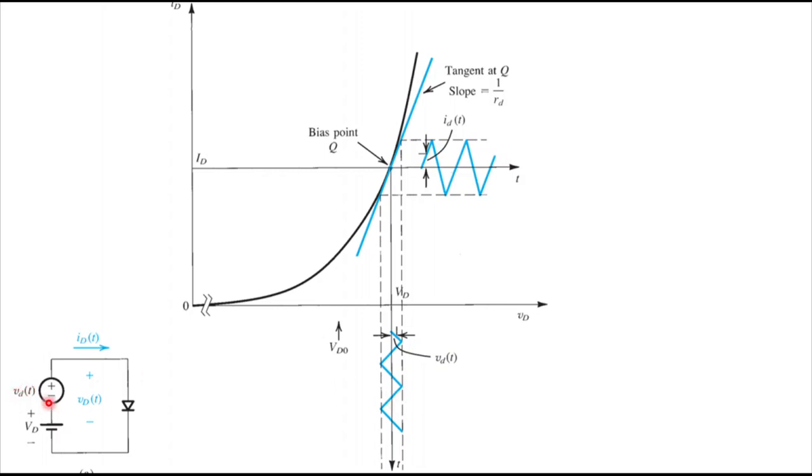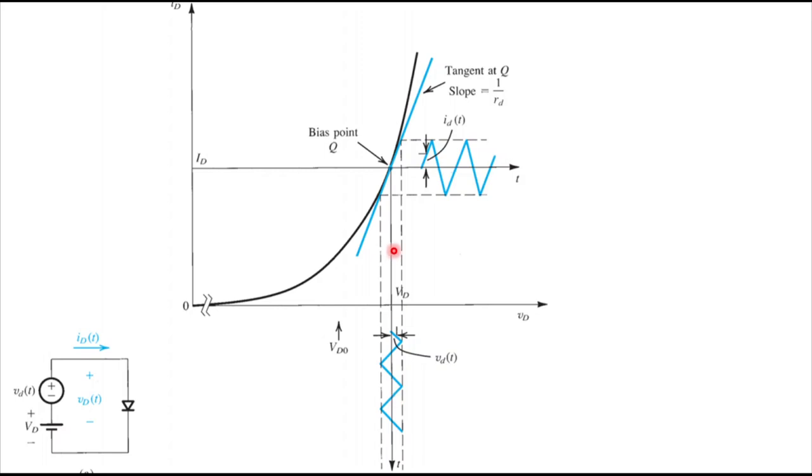We are applying this small signal along with this large bias on the diode. Okay, but what we really want to relate is the change in ID, which is this change, to the change in VD.